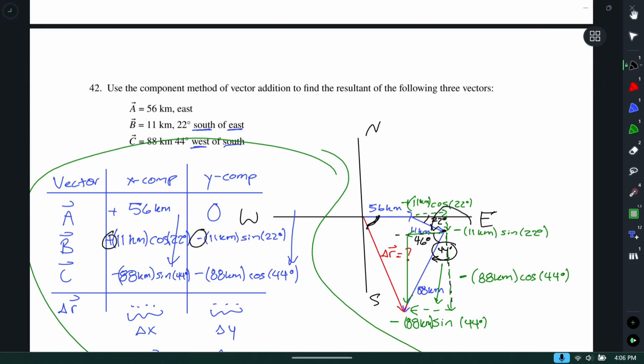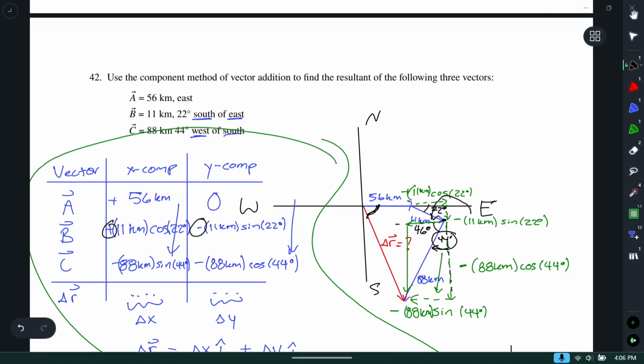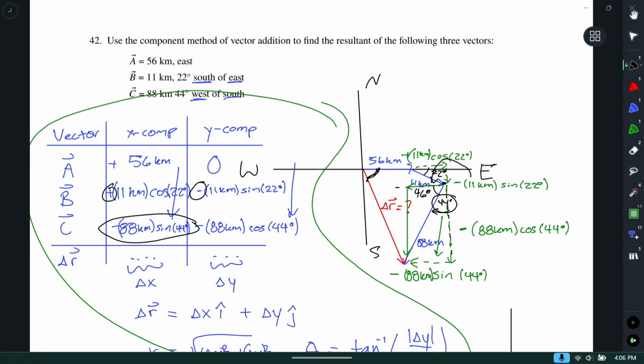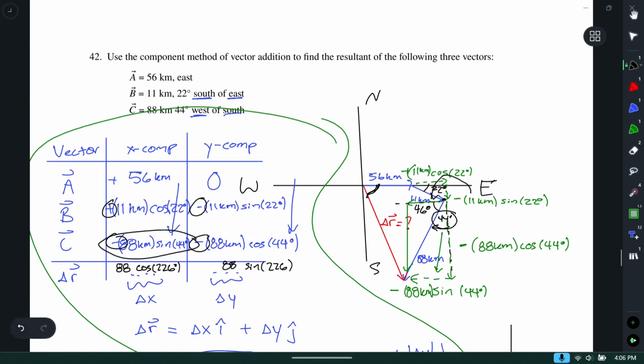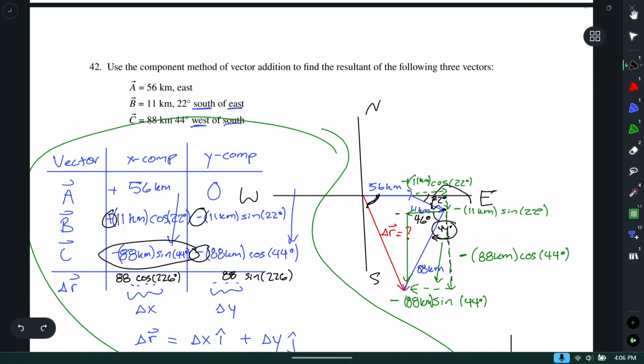They will fall out automatically by using that 226-degree angle. But that is such a weird way to look at that angle to me that I never do it that way. What I mean is, instead of putting negatives on all this, if you wanted to do it with that 226-degree angle, you would write it as 88 cosine 226 and 88 sine 226. And the negatives would fall right out of that for you. You wouldn't need to put them in separately. That seems nice, but again, you have to recognize this is your angle, and I can't even see what right triangle that corresponds to. So it's just a strange way, personally. If you like that better, go for it.